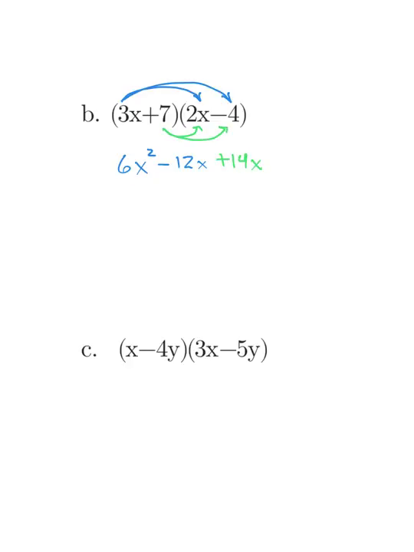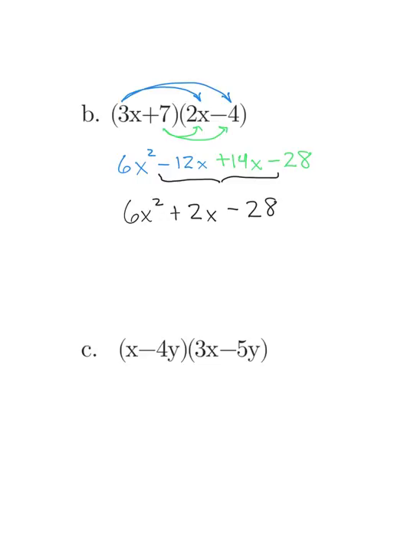And last, we get 7 times negative 4 is negative 28. From here, we can combine our like terms, and we get 6x squared. Negative 12x plus 14x is plus 2x. And then minus 28. And you're done.